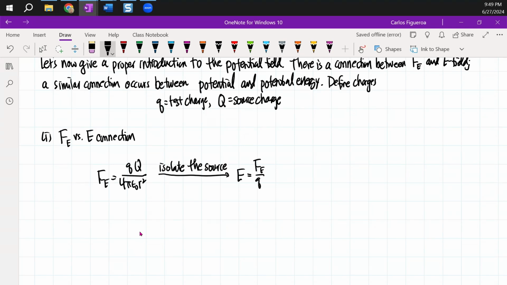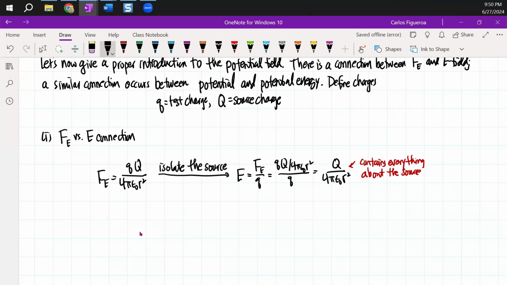Well, if we put this all together, then that little q is going to cancel out because we have this divided by little q, which then gives us Q over 4 pi epsilon r squared. So this guy right here contains everything about the source.